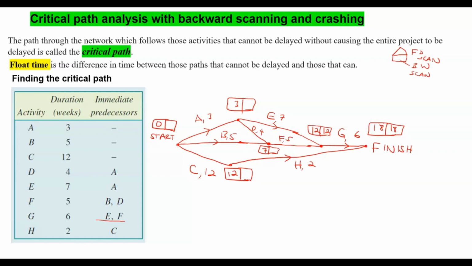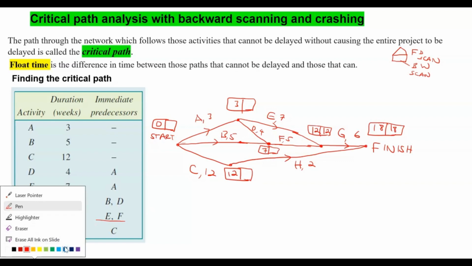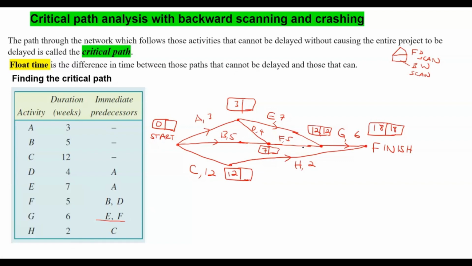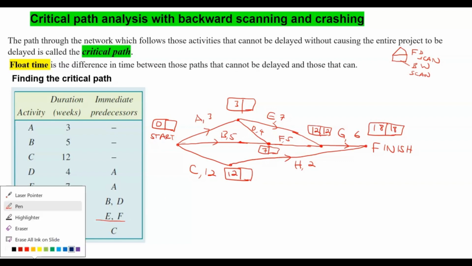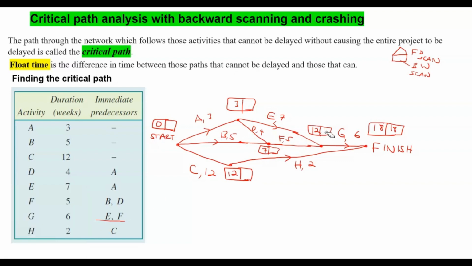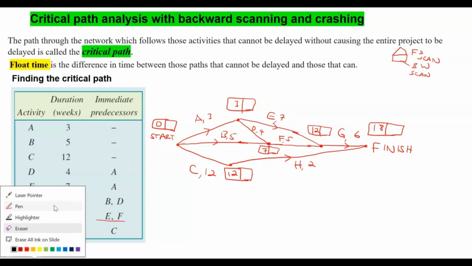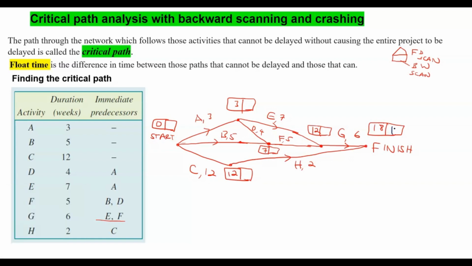Why don't I use a different color for the backward scanning, so that we don't get mixed up. My backward scanning will be a different color than my forward scanning. That also has to be the same color. That's going to be 18. That was 12, and that one was 7.